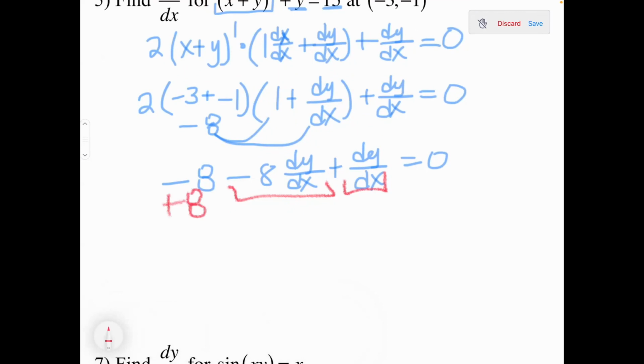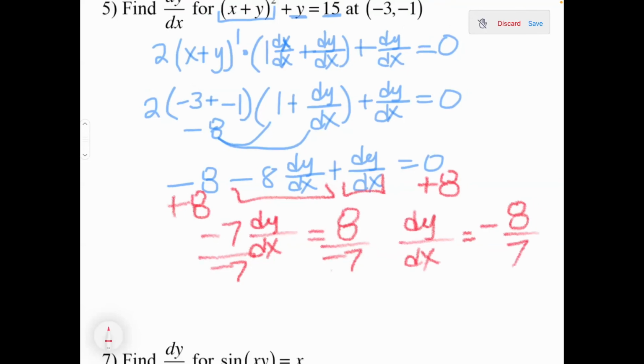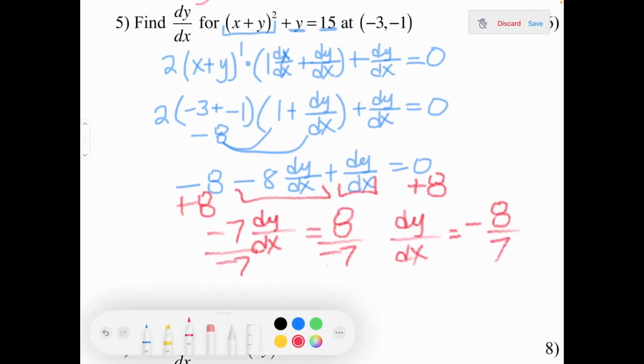At the same time, let's move this 8 to the other side. We get negative 7 dy dx equals positive 8. Then we divide both sides by negative 7, so dy dx is equal to negative 8 over 7 at the point negative 3, negative 1.